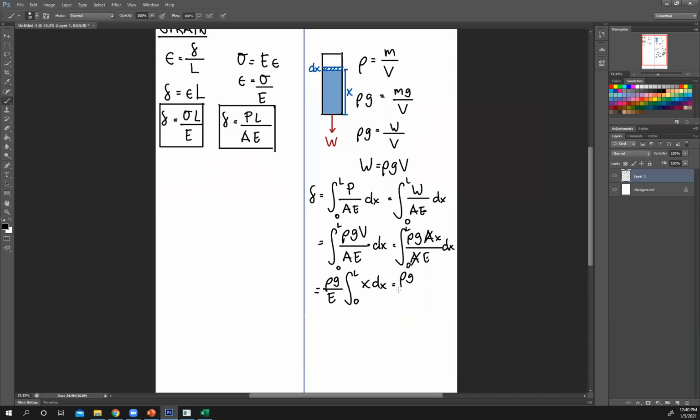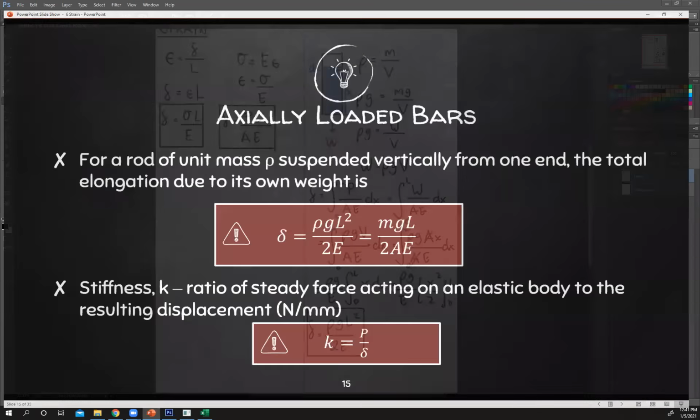So rho g times x squared over 2 from 0 to L. Solving for that, you get rho g L squared over 2E. So that's your equation, right? Okay.